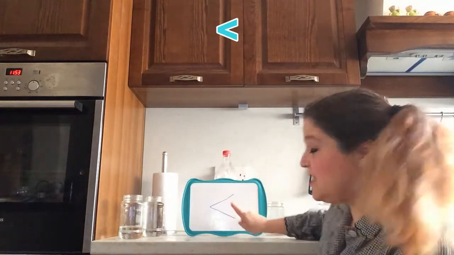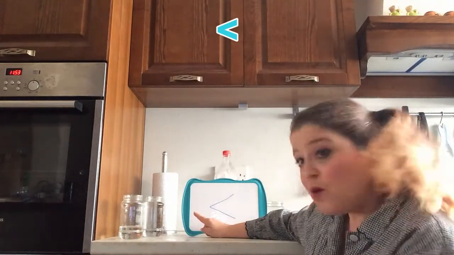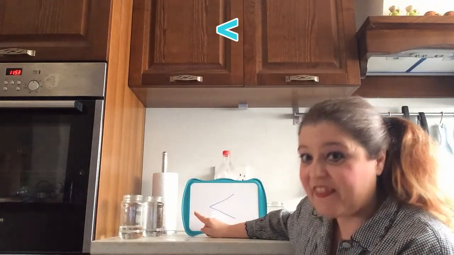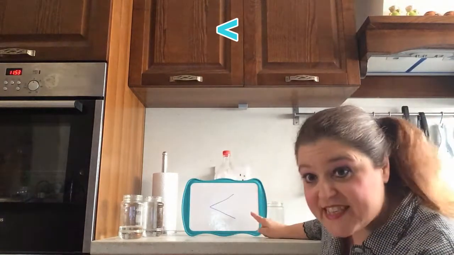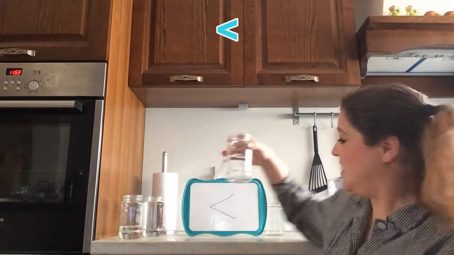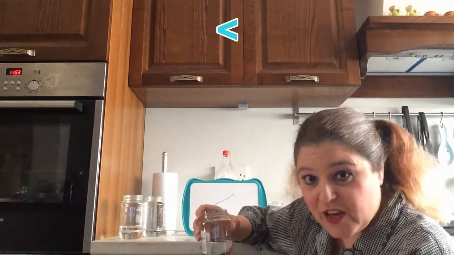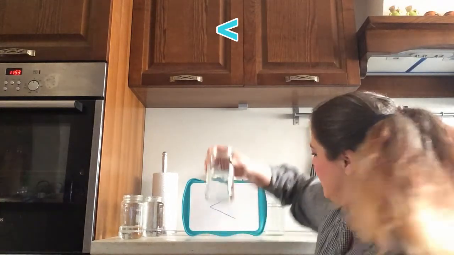Now I have the less than sign. So, I need to put a jar on this side whose volume is less than the jar on this side. This is the jar with 300 milliliters of water in it.